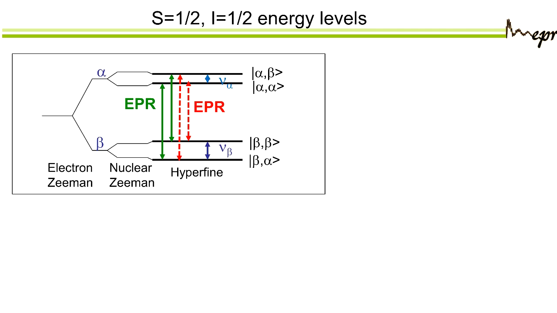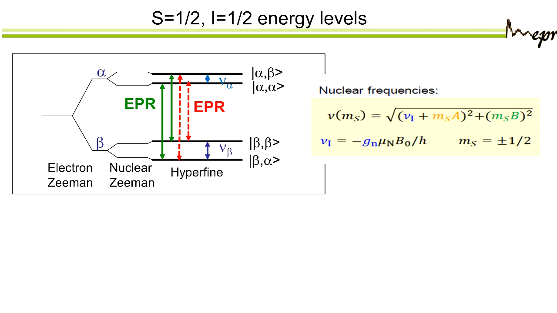So these are the nuclear frequencies, so they are given by this term. So you see that it has a dependence on A, and it has a dependence on B. Yeah, and the nuclear Larmor frequency is given by gamma B0. And if you change ms to plus minus half, you will get the two frequencies.